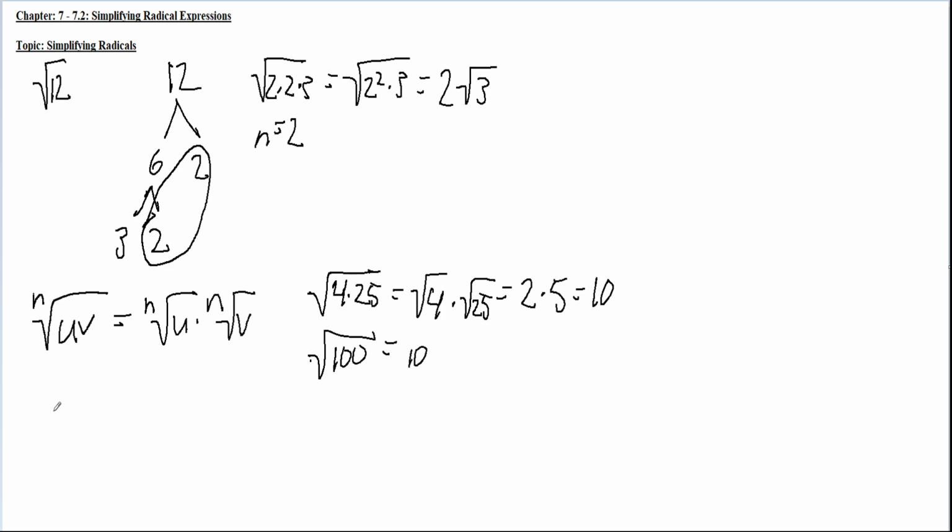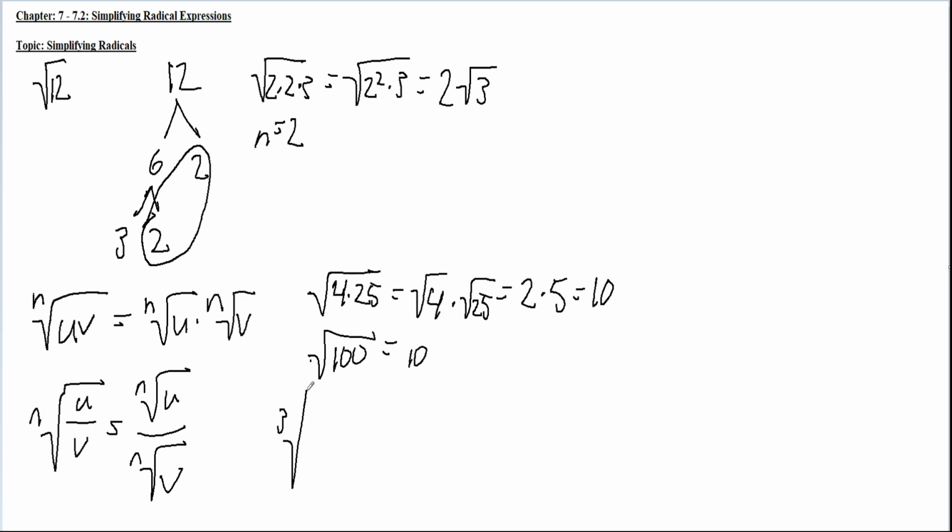And then the other definition that we want to look at is the square root of u divided by v. And so we just distribute the radical to each of these. To see an example of that, I'll work with the cubic root this time, of 8 divided by 27.